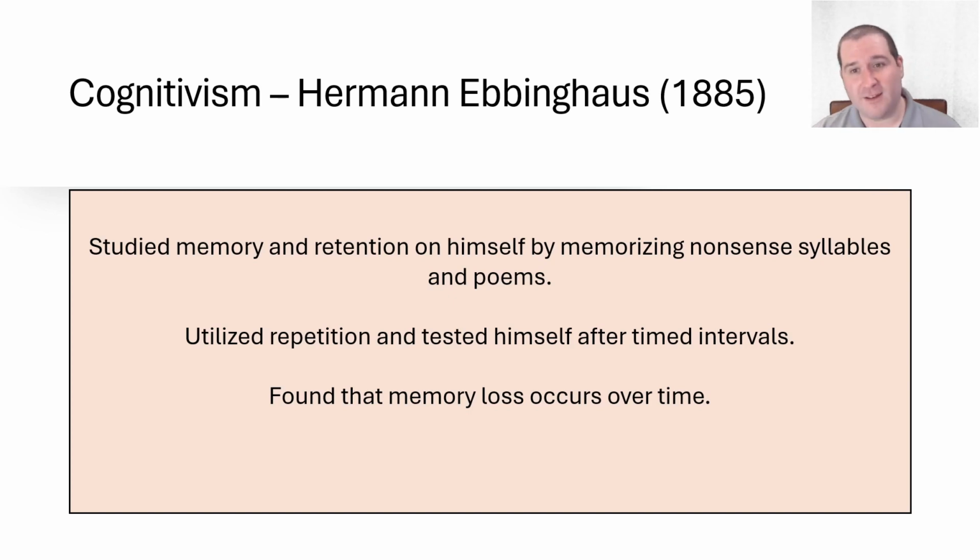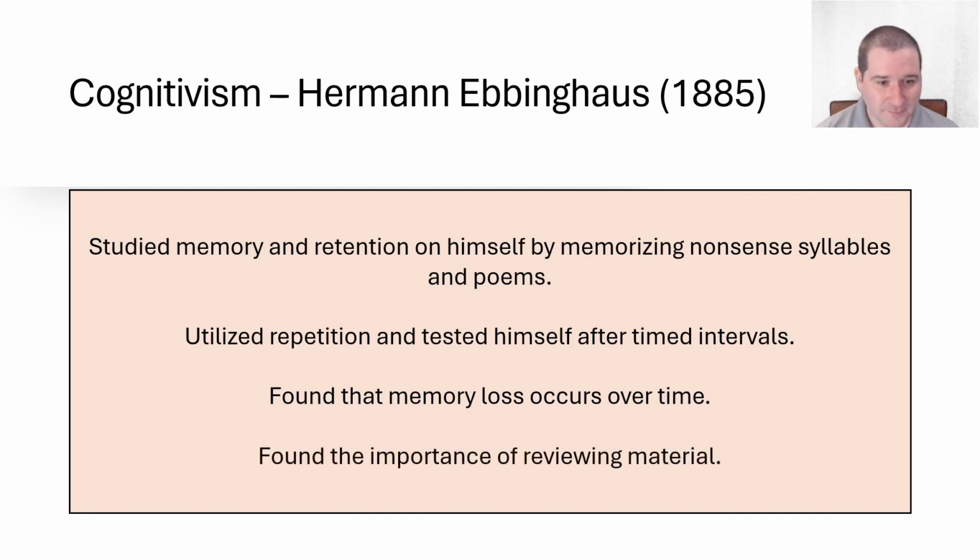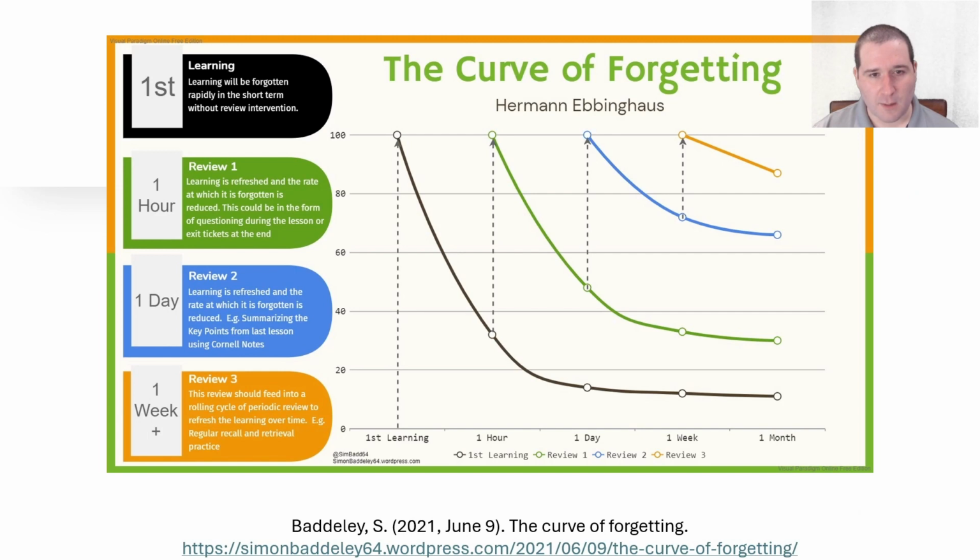It's a very modern ideal. He also found the importance of reviewing material, where he looked at, well, what if I review this material I've already learned? How long will it take me to get back to mastery? Okay, and his works are summarized in The Curve of Forgetting, which is a really interesting idea.